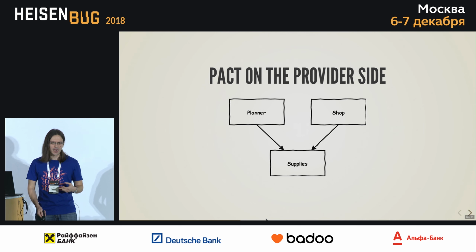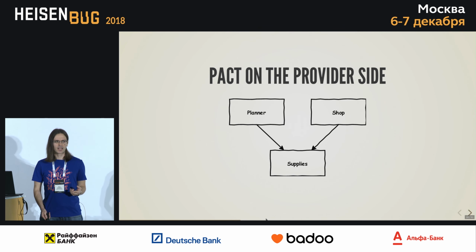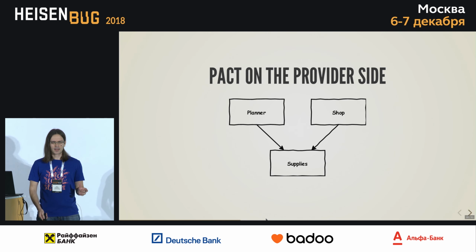Also, you can have multiple consumers having contracts to a single provider. And Pact will execute all of those contracts on the provider side simultaneously. And imagine you have contracts to all of your provider applications. Now, if you want to remove a field from an object you return, you remove it, check if your tests pass.